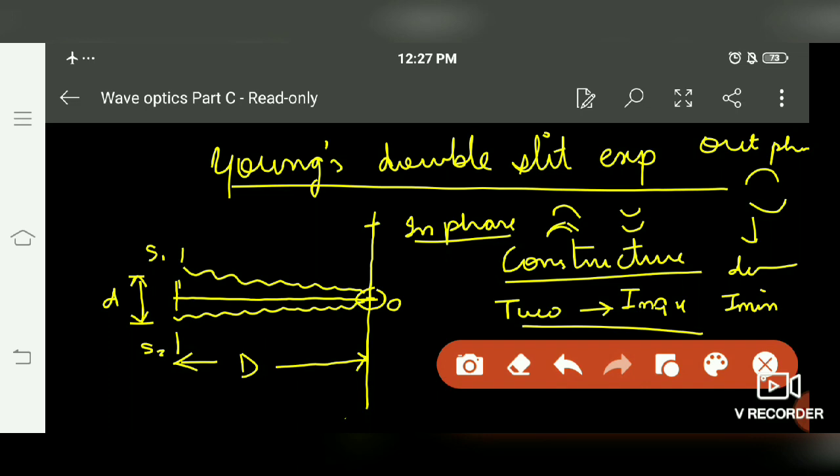Now let us consider a point P on the screen where we have to find a fringe. Let the distance of it from the center be y. Let this be point A and this be point B. The distance AB is d, so this is d by 2 and this is also d by 2.